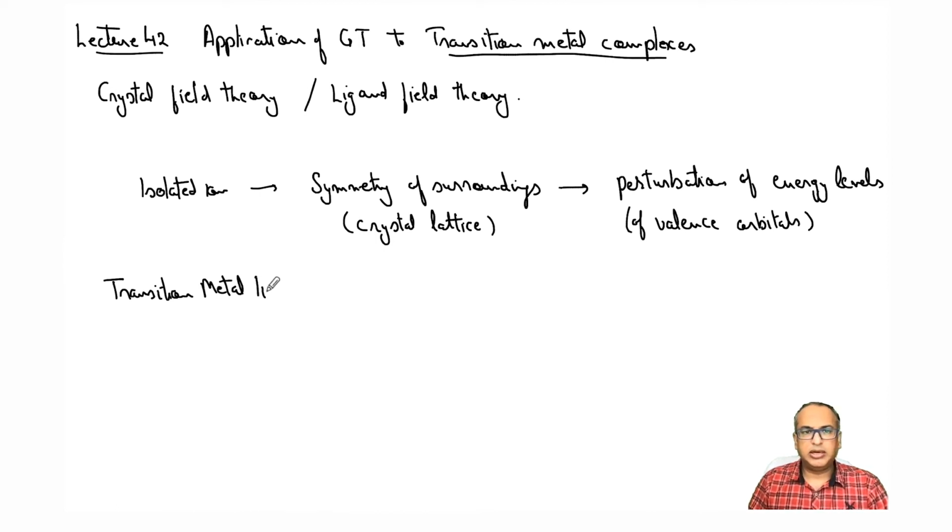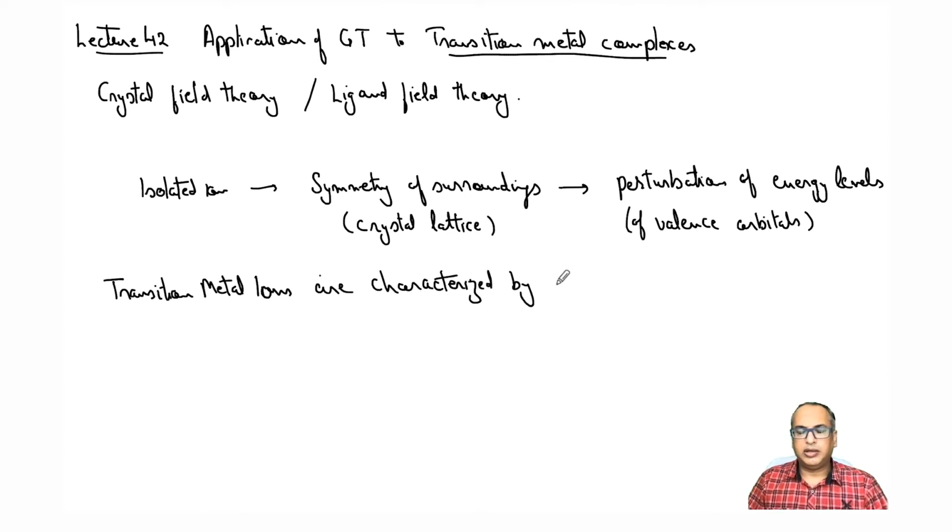So transition metal ions are characterized by, we can say, partially filled d orbitals, right? Partially filled d orbitals.